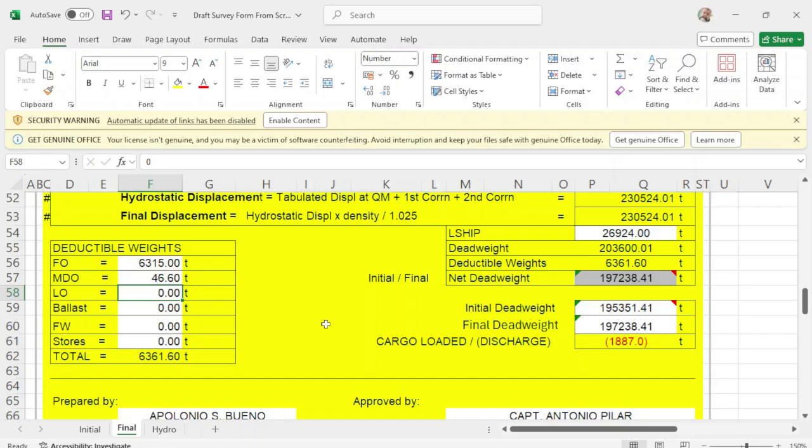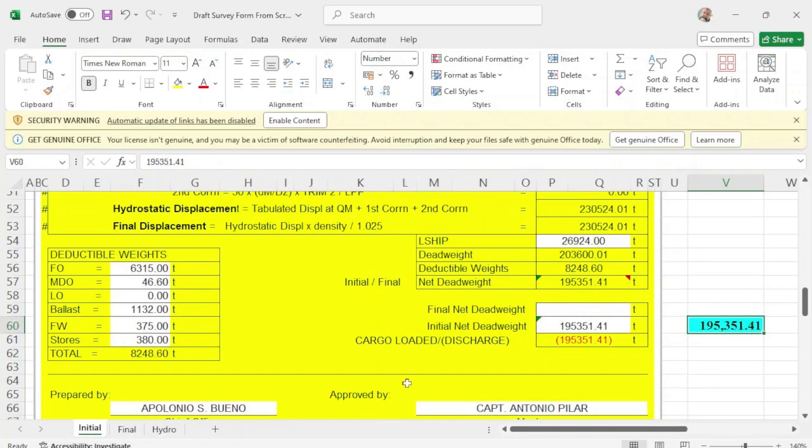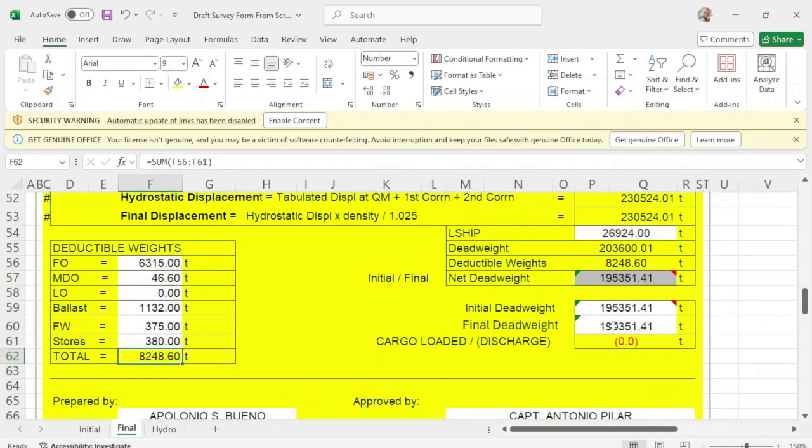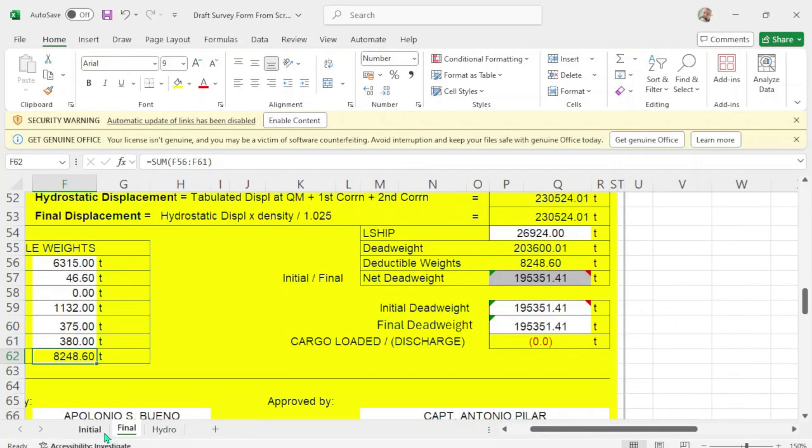LO and ballast is 1132. Freshwater is 375. Store is 380. And we say 0, this is your initial. Initial is this one. And your final is this one, 0. So this is correct.